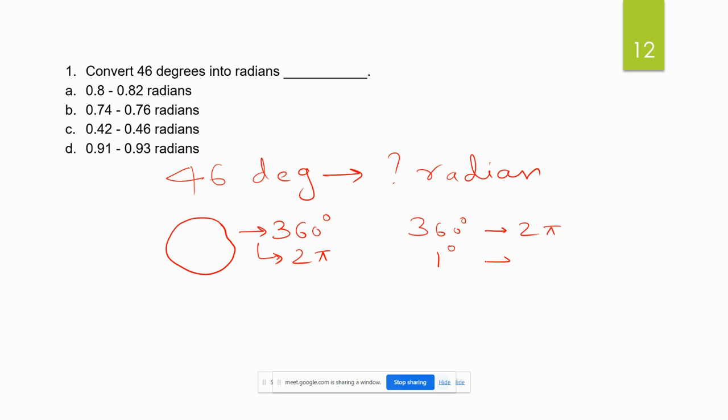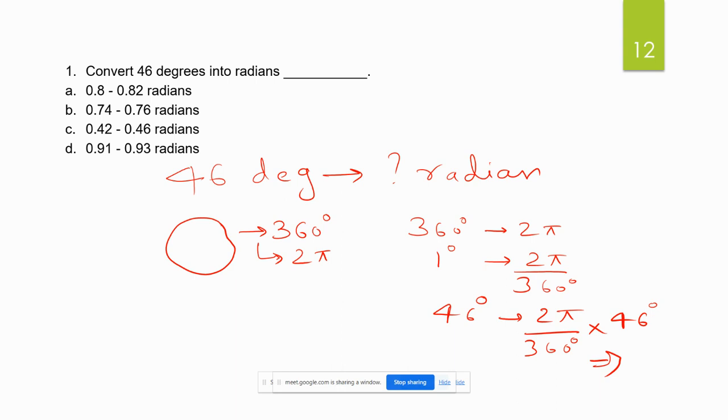So 1 degree is equivalent to 2 pi by 360, and 46 degree will be equal to 2 pi by 360 into 46. So you solve this and then we can proceed.